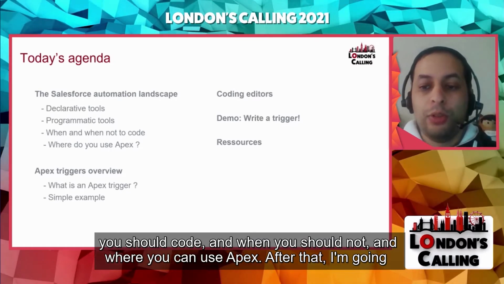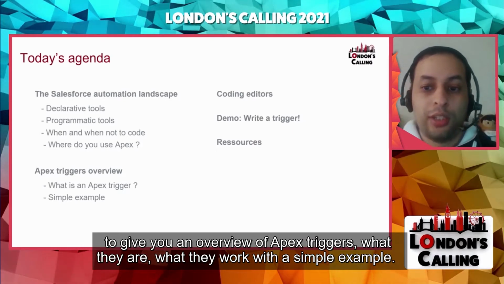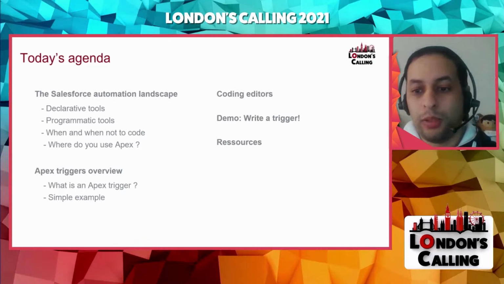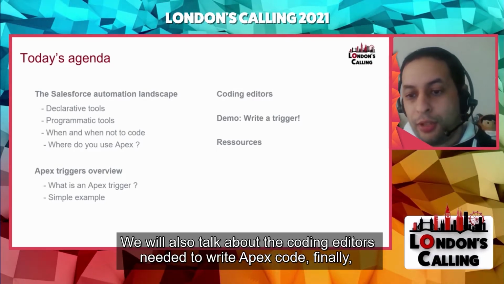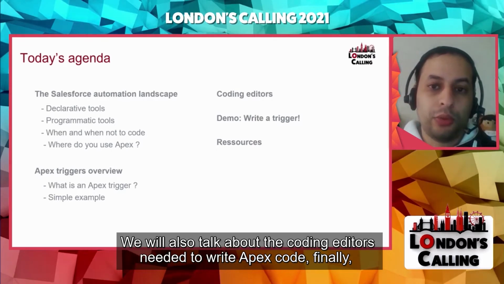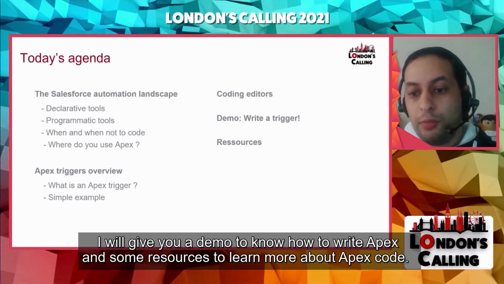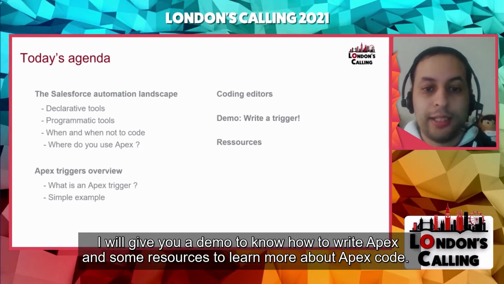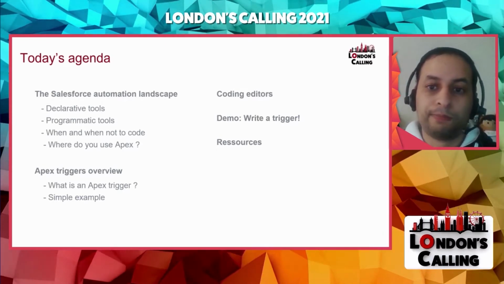After that, I'm going to give you an overview of Apex triggers, what they are and how they work, with a simple example. We will also talk about the coding editors needed to write Apex code. Finally, I will give you a demo of how to write Apex and some resources to learn more about Apex code.